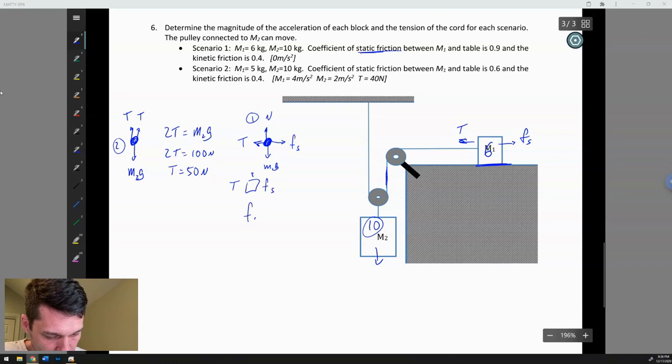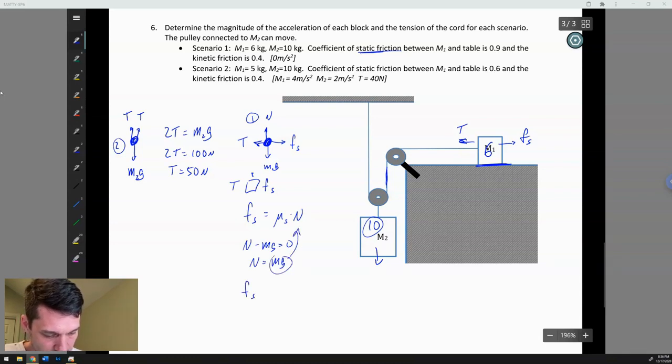Well, static friction has a maximum value of mu static times the normal force, and because the normal force minus mg equals 0, the normal force equals mg, so plug that in there.